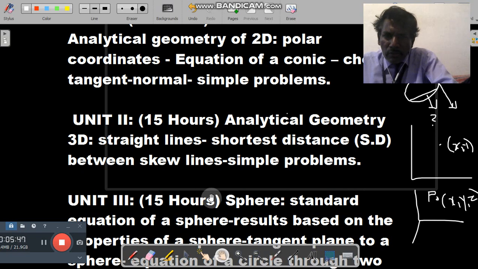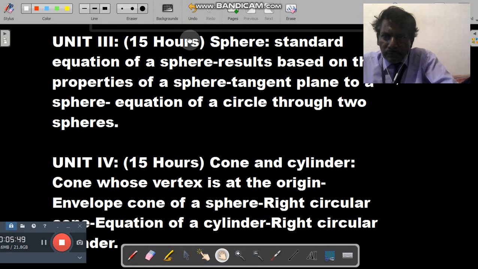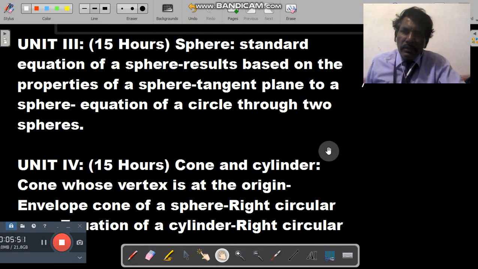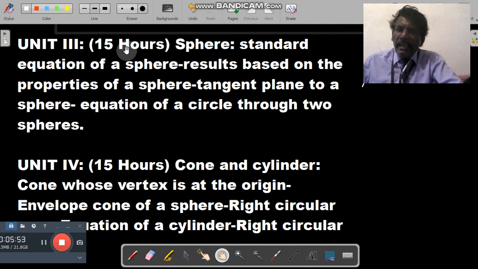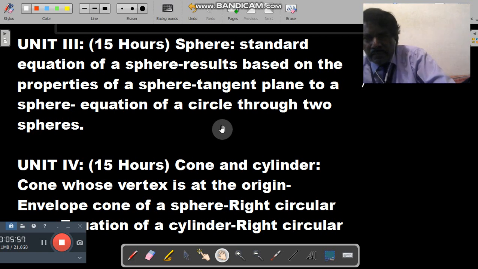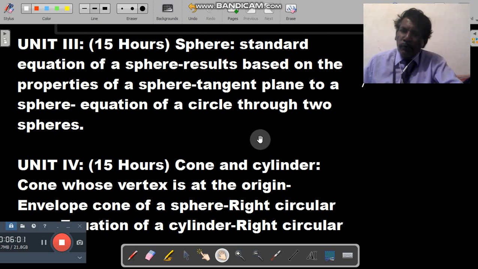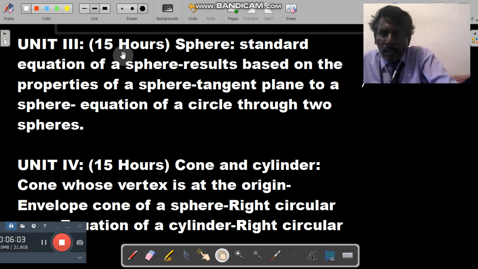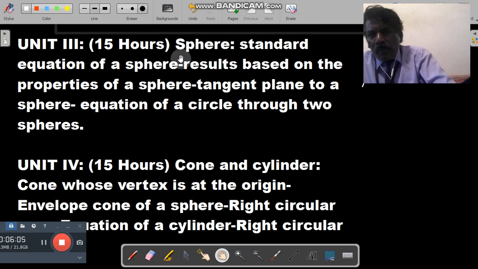Now coming to the third unit, again 15 hours to complete the portions under unit number 3. Here we are going to study the sphere.